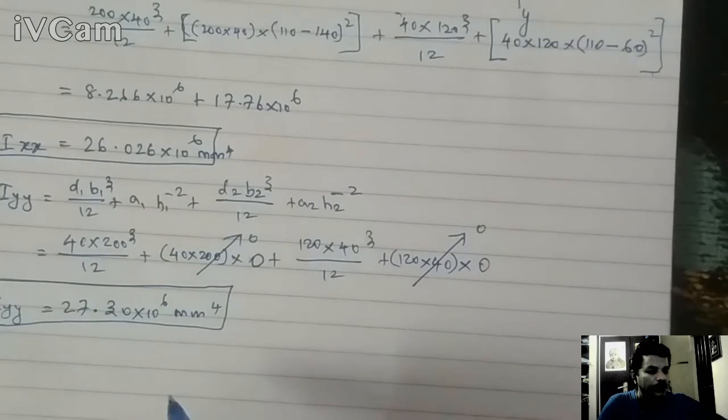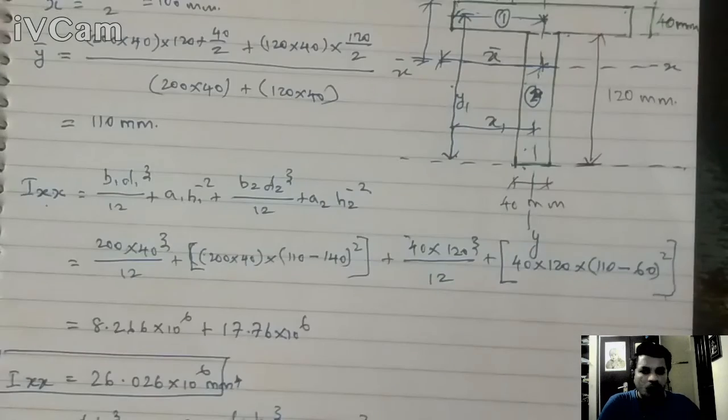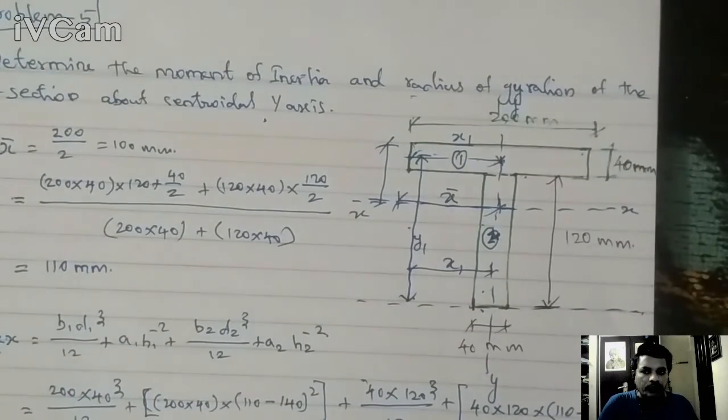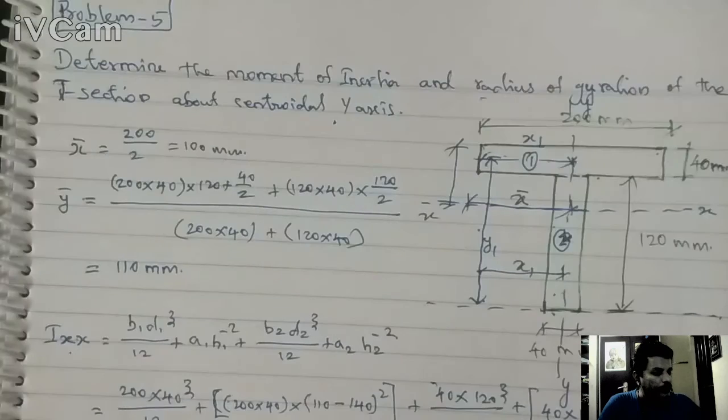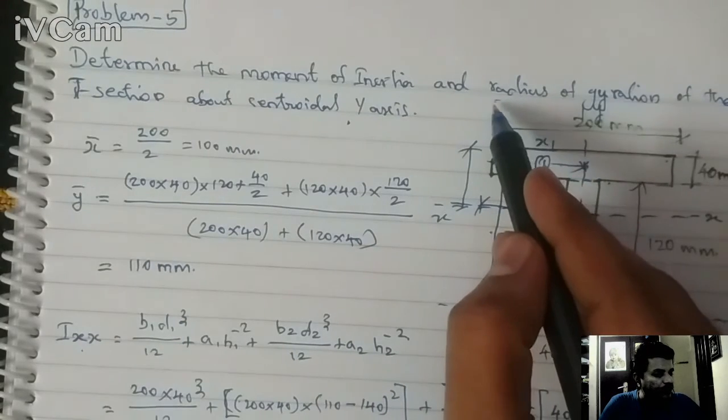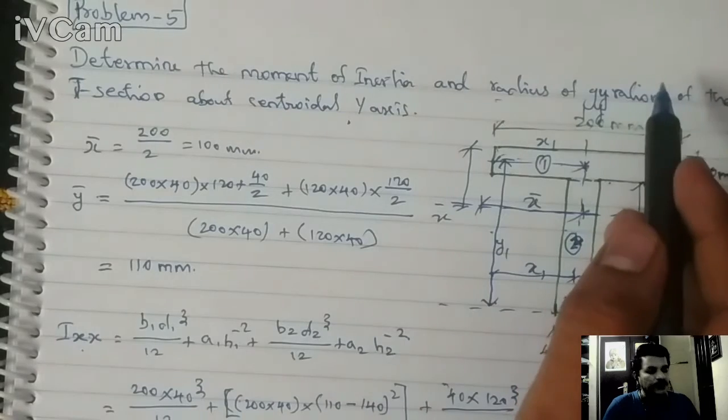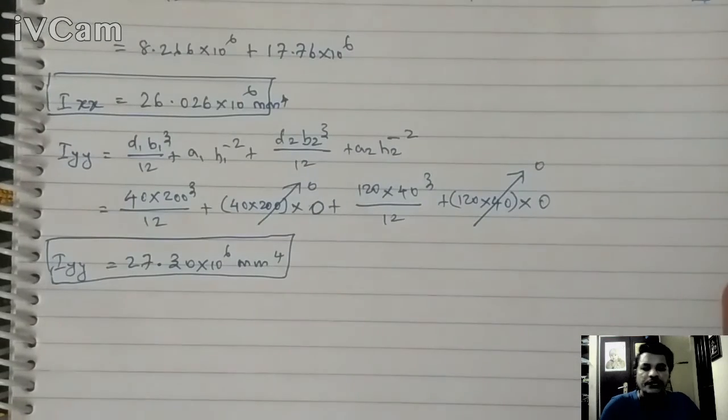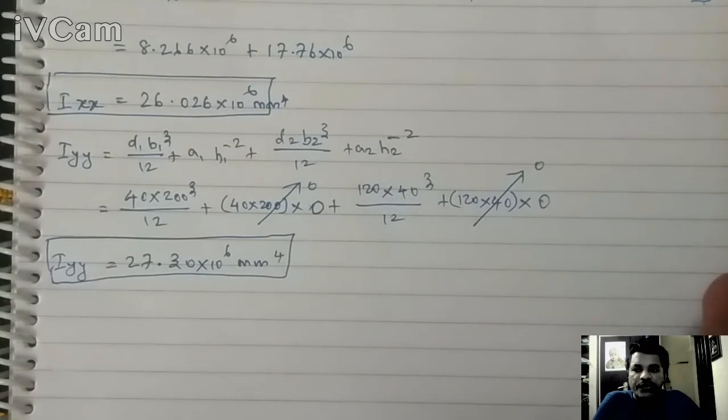Okay, and one more data we need to find out. The problem needs us to find the radius of gyration also. In the first video presentation, we have discussed the radius of gyration. So radius of gyration r, small r, or small k, which is equal to root of I by area of the section.